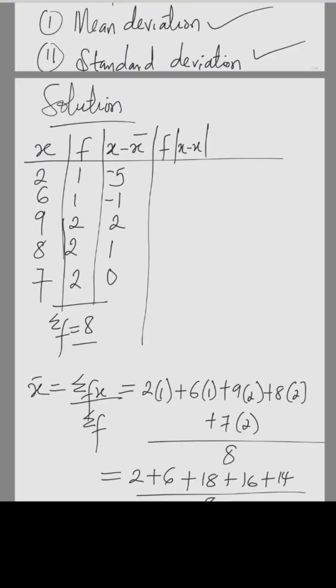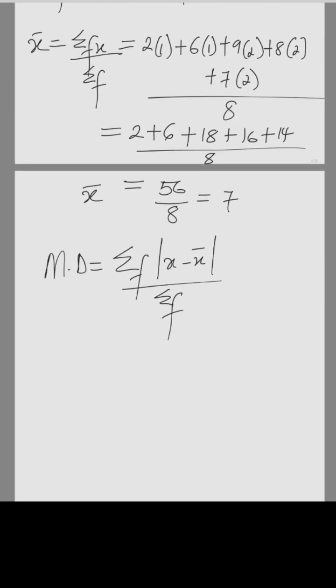The absolute value of x minus x bar for minus 5 is going to be 5. So multiplying by f, which is 1 here, we're going to have the value of 5. Next, we're going to have 1, then we have 4, we have 2, 0. So we can take the summation of f of absolute value of x minus x bar. Here we're going to have a total of 12.